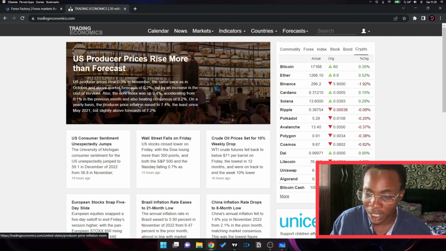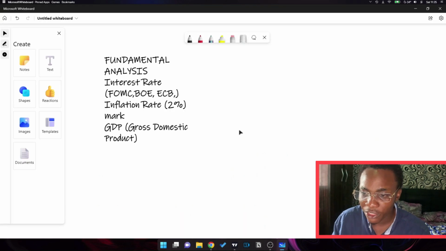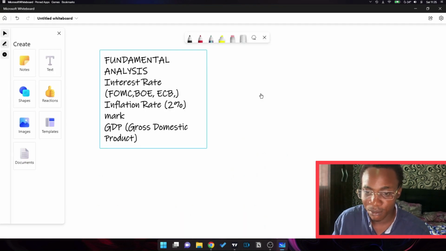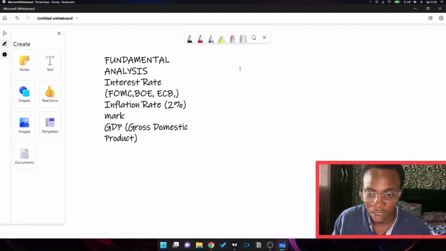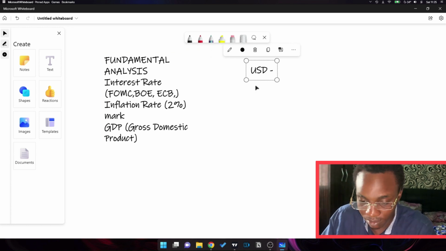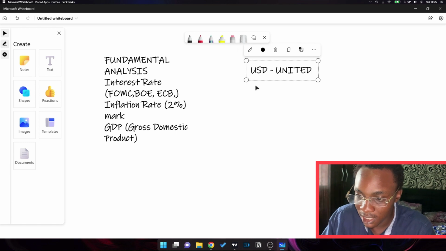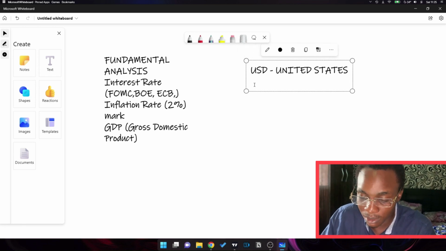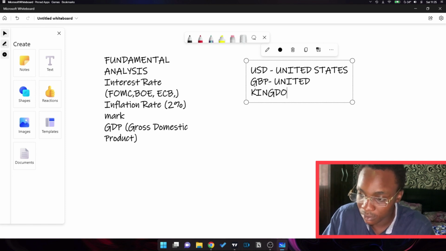Right now we have three major currencies, or let's just use this as an example. We have the USD, which is the United States. We have the GBP, which is the United Kingdom, basically England.